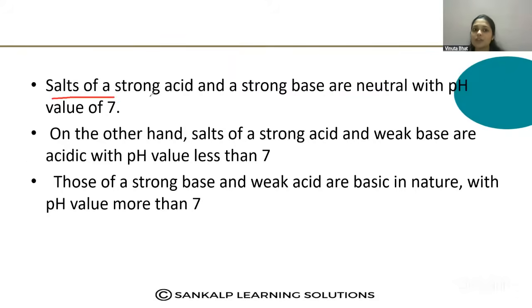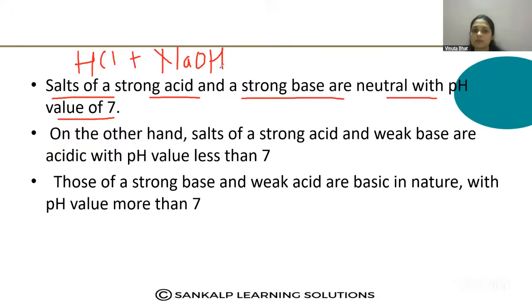Salts of strong acid and strong base are neutral with pH value 7. For example, the strong acid HCl plus NaOH, sodium chloride, NaCl, is produced. So what is the pH of sodium chloride?